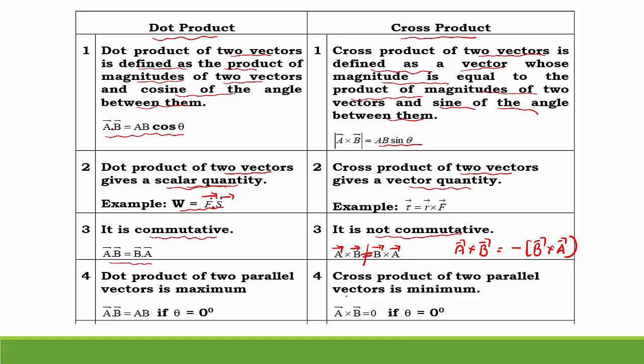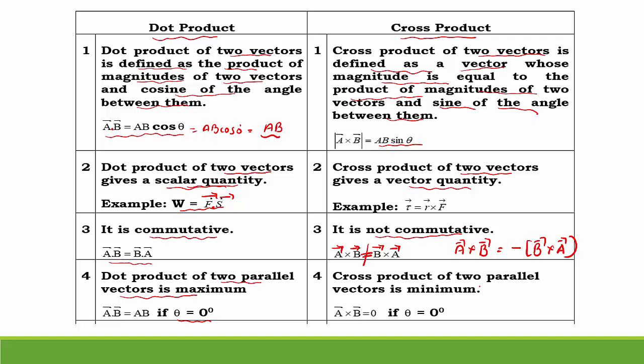Then the fourth difference: dot product of two parallel vectors is maximum. When we consider two parallel vectors, theta equals 0 degree; substitute here AB cos 0. Cos 0 is 1, so we get AB. So dot product is maximum when two parallel vectors are multiplied.